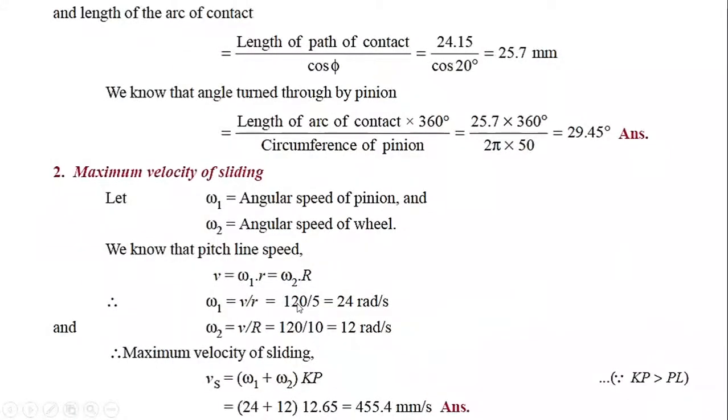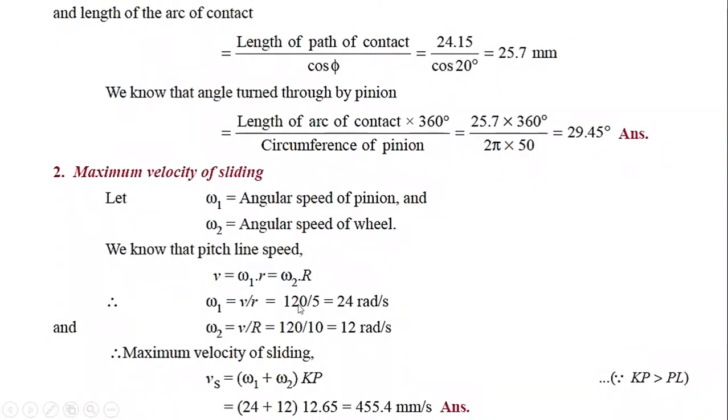Here they converted the velocity into 120, that means centimeter per second, and the small r value of 50 millimeter is converted into centimeter. For both cases we have to use the same unit.